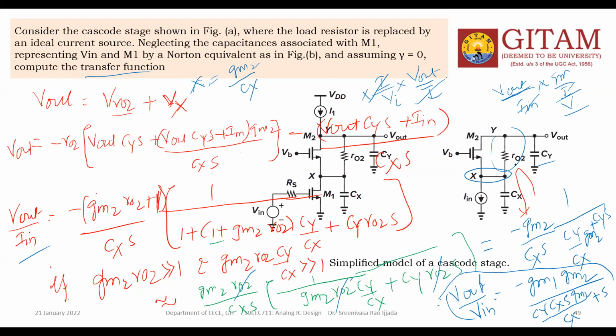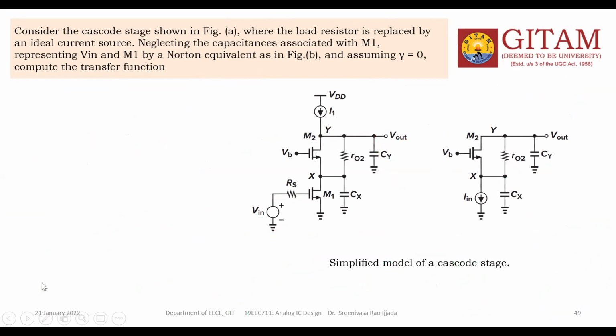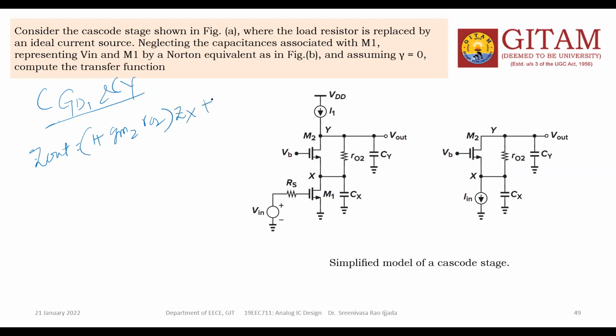Suppose in this circuit, if you neglect the CGD1, the gate to drain capacitance, and Cy, if you neglect both, then the output impedance is given by the general formula: 1 plus gm2 R02 times Zx, plus R02.